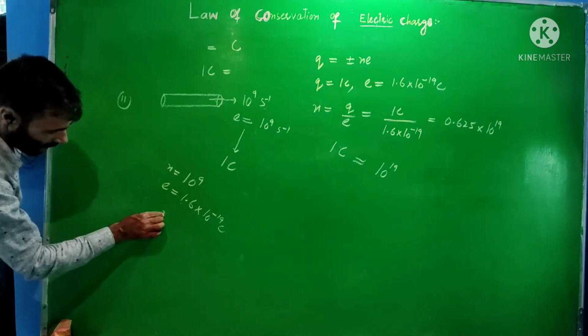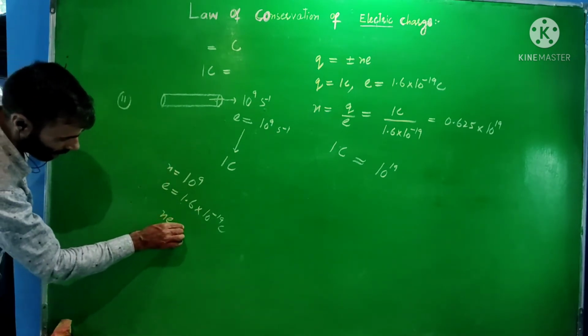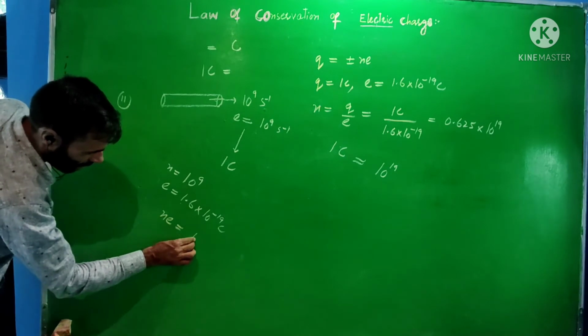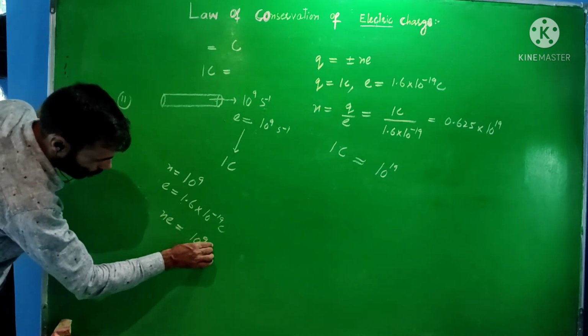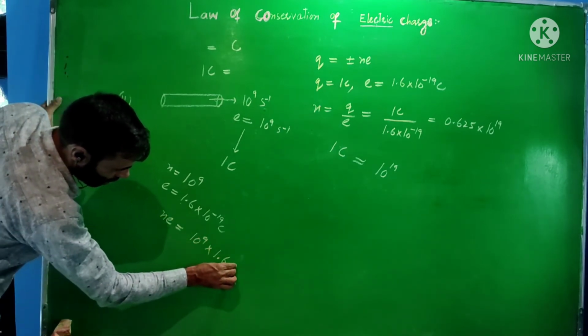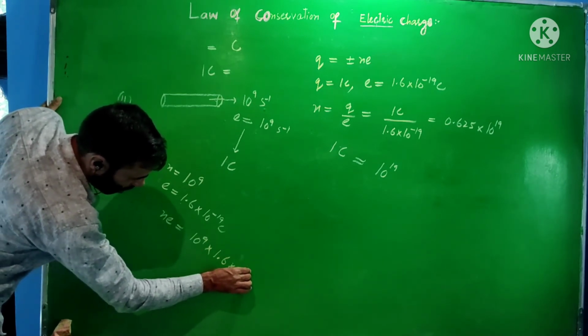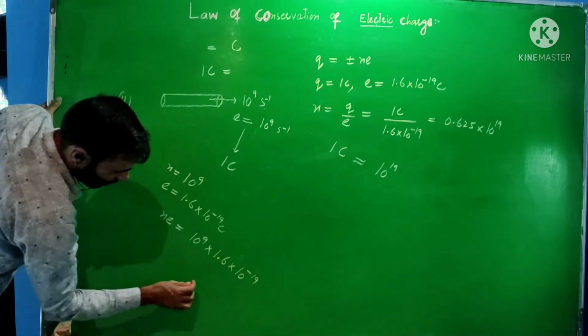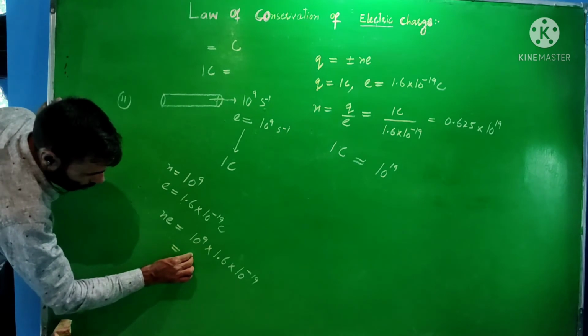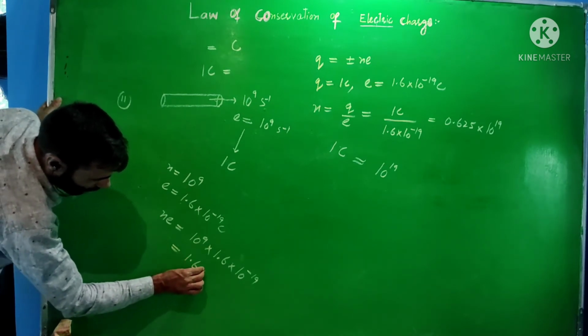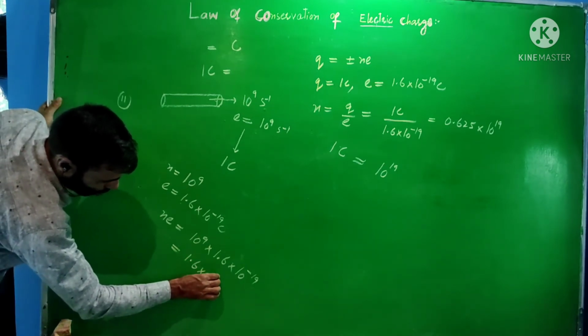Now the charge on n electrons is equal to Ne. That means 10 raised to power 9 into 1.6 into 10 raised to power minus 19. That is equal to 1.6 into 10 raised to power minus 10.